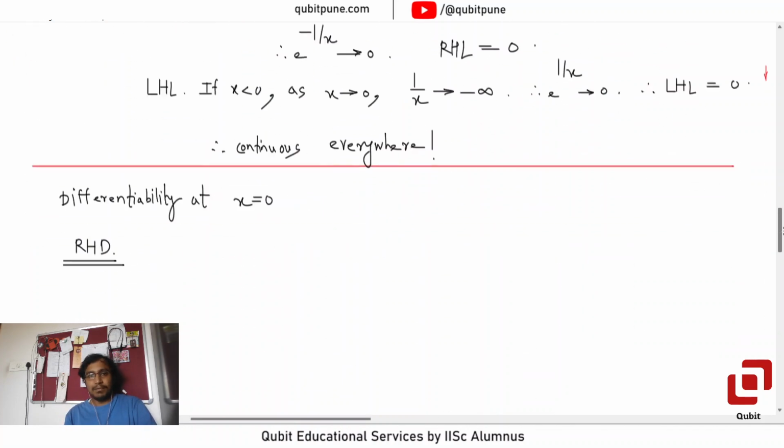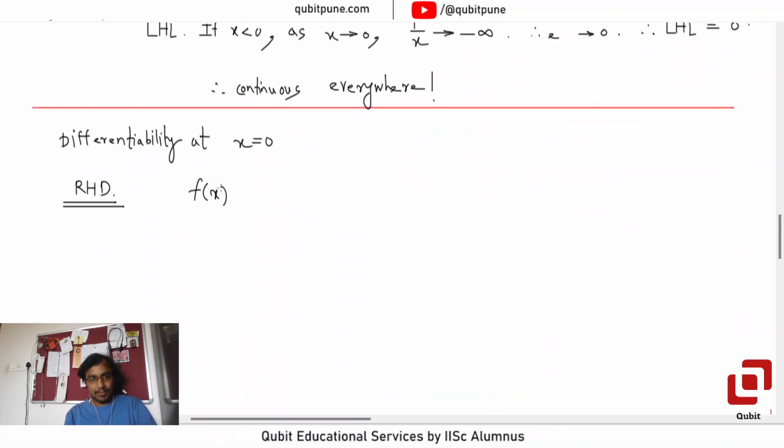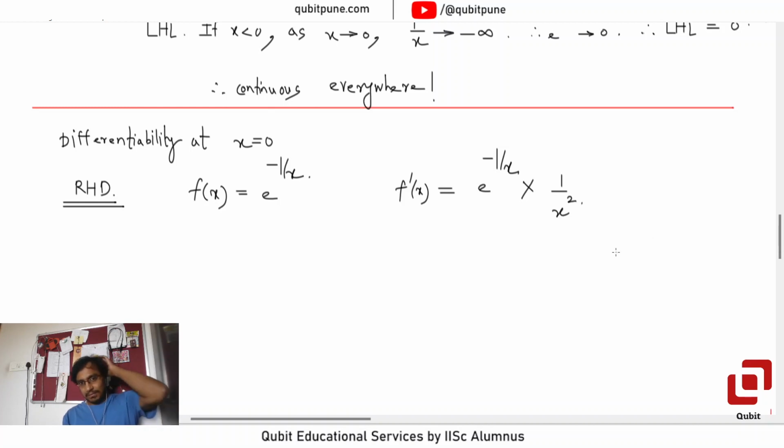E raised to negative 1 upon x is the function. Let's take the derivative. What would it be? F dash of x will be e raised to negative 1 upon x into 1 upon x squared.